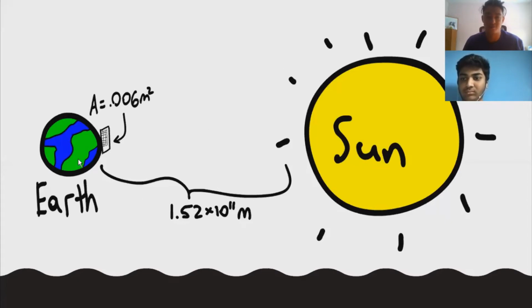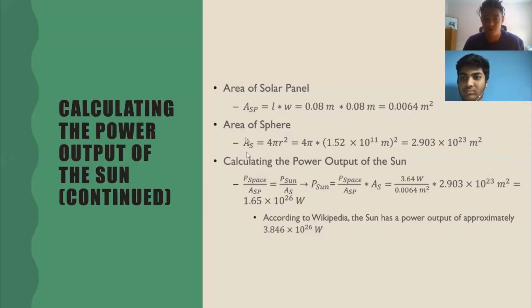All we do really is find the area of both components, and we create a proportion to see, okay, if this area of the solar panel got us 3.64 watts, how much would the whole output of the sun give us? And we got 1.65 times 10 to the 26 watts, and that is relatively close to what Wikipedia told us it should be.